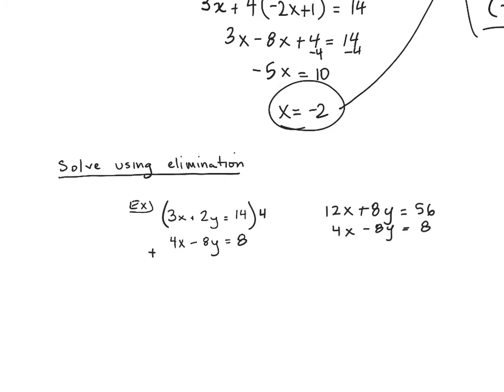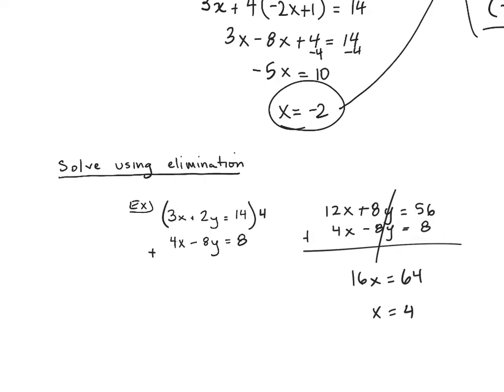So what we have done is created a situation where we have opposite coefficients for one of the variables. Now, if we added these equations together, the y variable eliminates because we have 0y, which is 0. And then that leaves us with 16x equals 64. If you divide by 16, we get x equals 4.